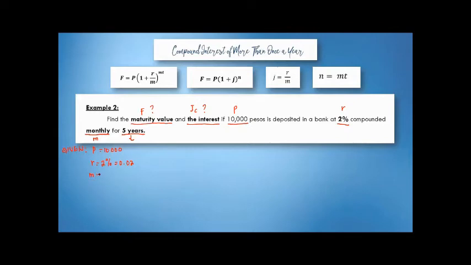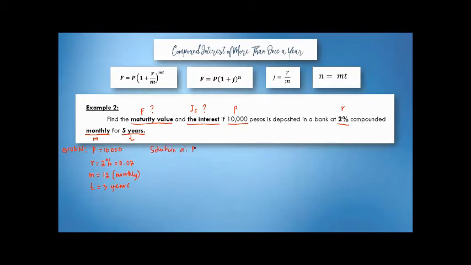Pero ang ating compounding period ay 12 kasi siya ay monthly. And then we have the time, which is 5 years. So again, dalawa yung solution natin dyan kasi future value and the interest. Let's separate them into two.